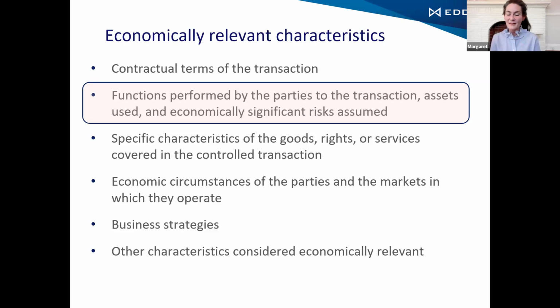And that's what you hear in most any conversation or at any conference or anytime you deal with the tax authority. It's going to come up. So I've highlighted that, and we'll go into that a little bit more. But just to touch on the other bullet points on this slide. The third bullet point about the characteristics of the goods or services and the business strategies, those two bullet points are important.